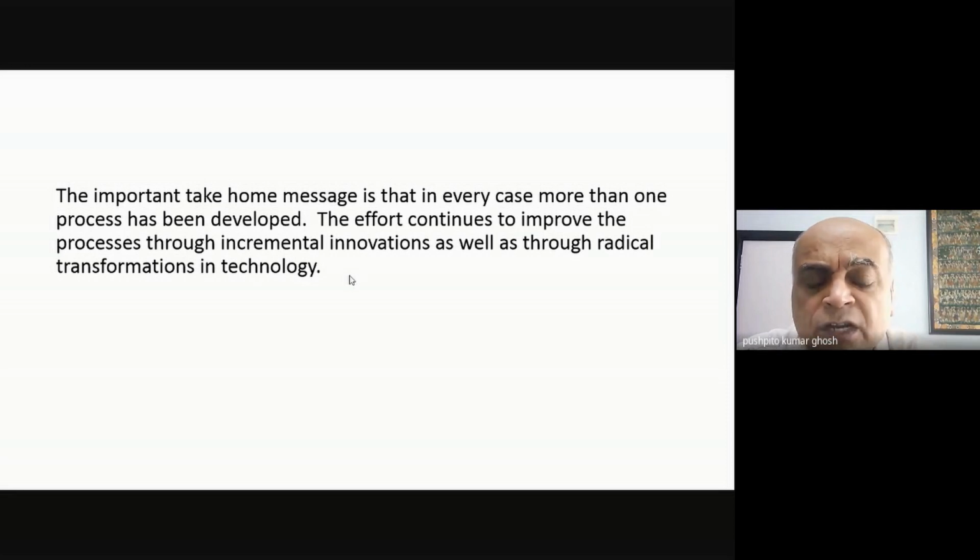People are constantly trying to see whether either the existing processes can be improved through incremental innovations or through radical transformations in technology, like when you come up with something like the silver-based ethylene oxide process or the Hawk process. I mean, these are radical shifts in technology. And so, or the anthraquinone process that you saw. So these are very interesting examples of that.